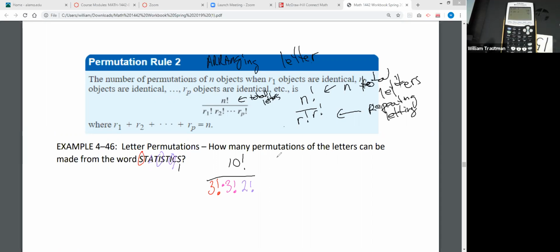So on our calculator, we need to do this. You better be careful about this one. Let's see if I can put this on my calculator.